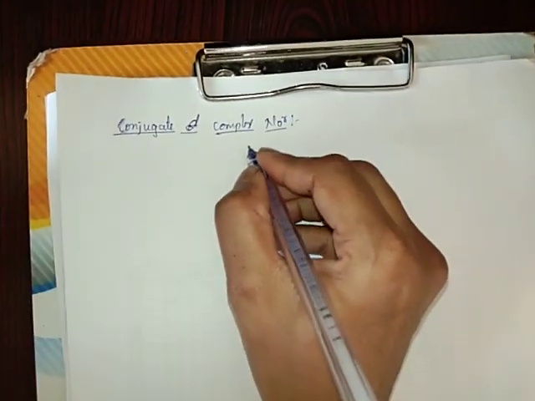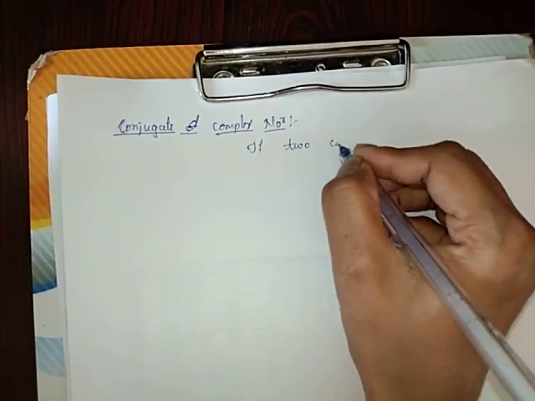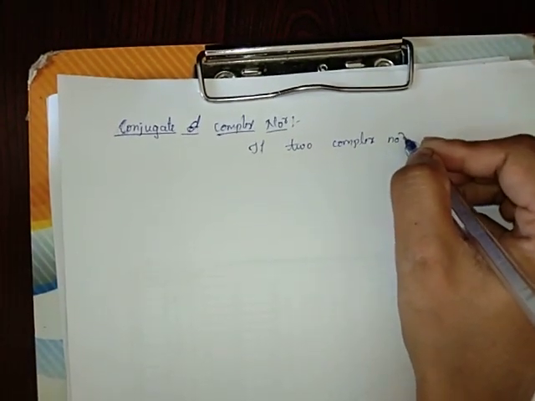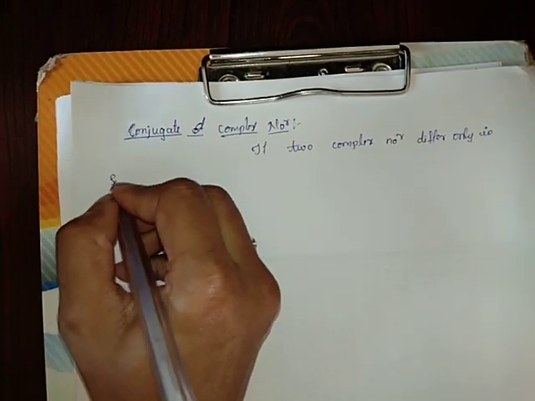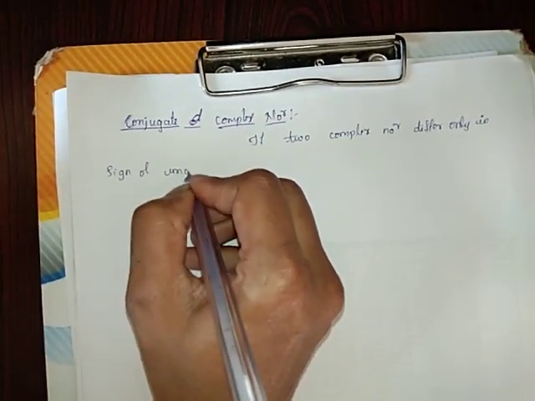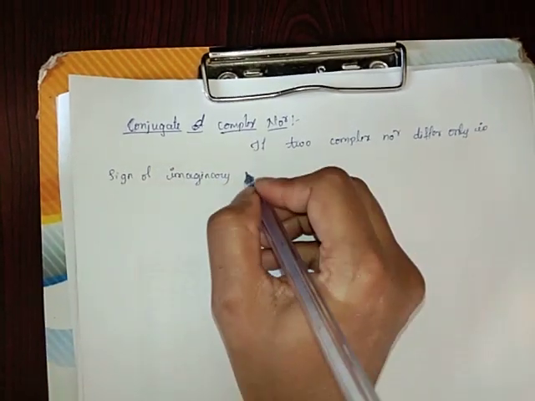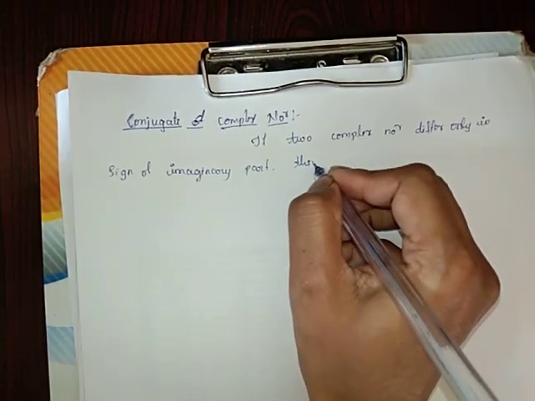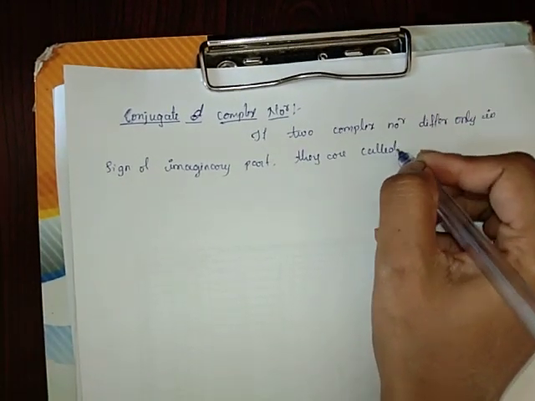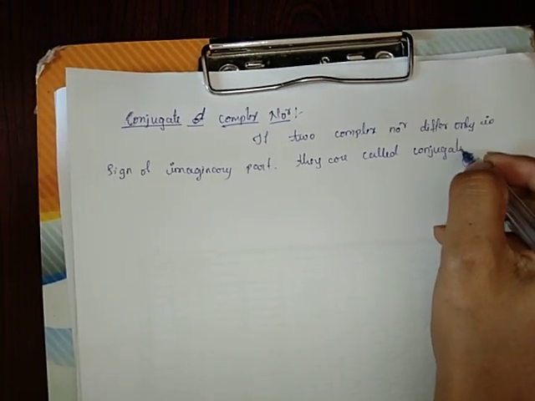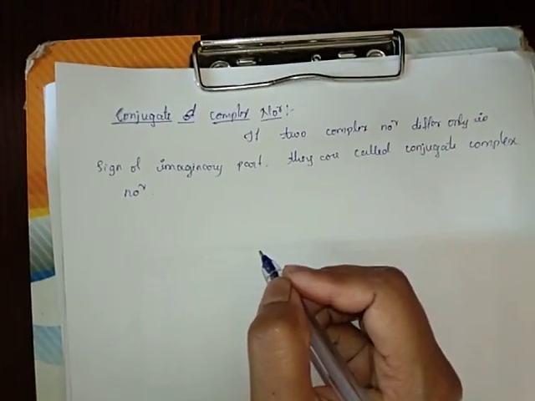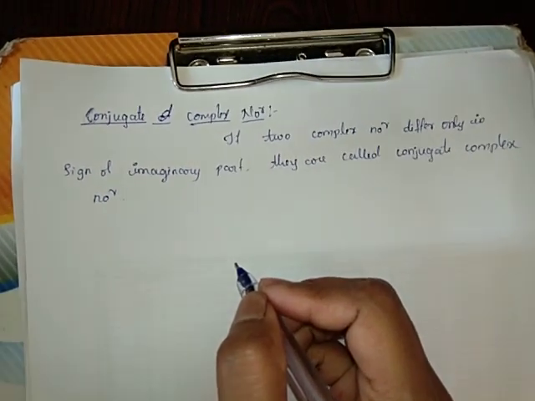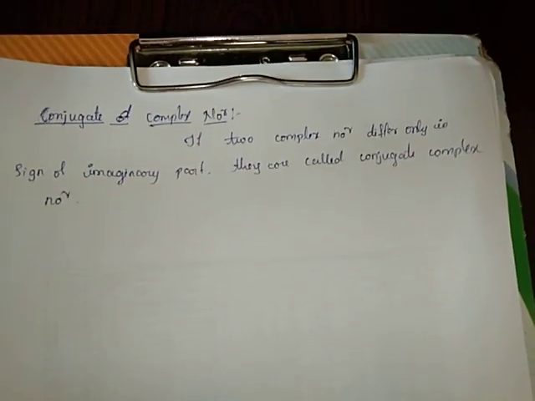If two complex numbers differ only in the sign of the imaginary part, then they are called conjugate complex numbers.